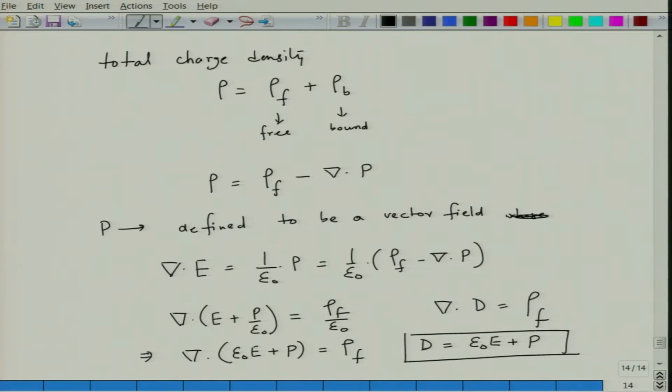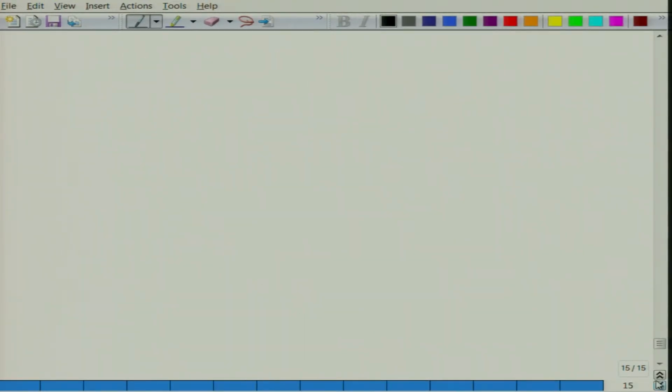So this is the additional effect that you create by inserting a dielectric in the parallel plate capacitor. We say that D is equal to epsilon naught E plus P, and after inserting the dielectric, what is the dielectric displacement?